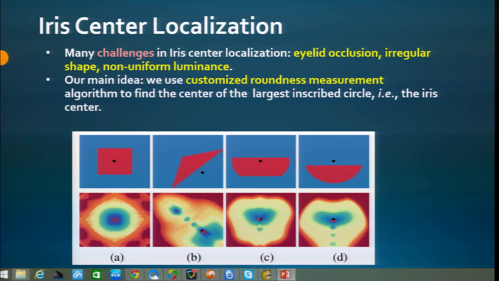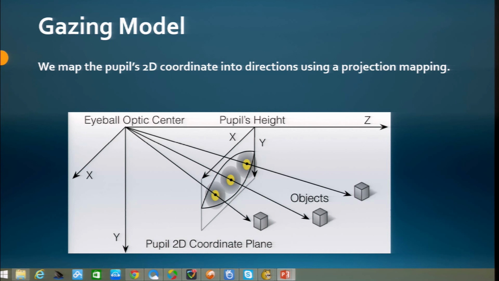So finally, we can set up the model among the iris, cell phones, and the targets. We not only use the 2D model, but we also use the 3D model to calculate the distance as well as the directions from the cell phone, actually from the user to the object.